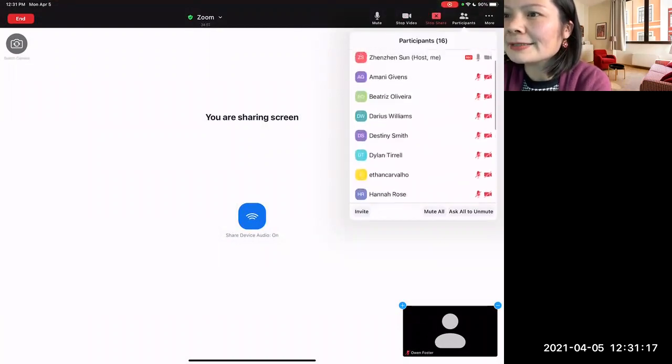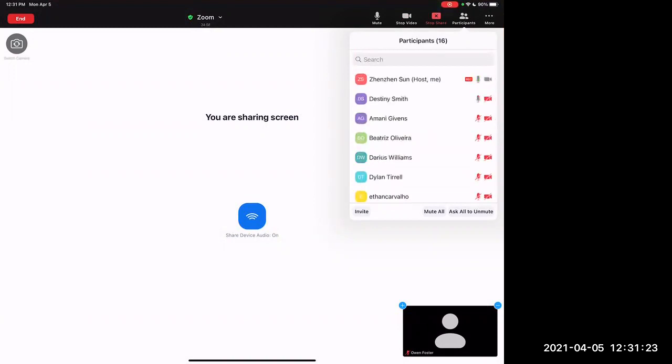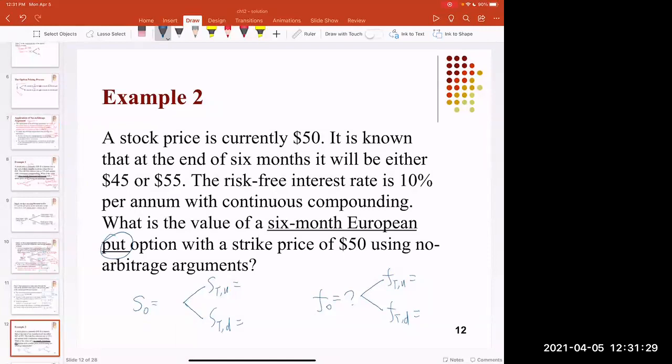Destiny, are you there? Yes, Professor, I'm here. Could you help me figure out the stock binomial tree? For example, what's the stock price today? Yes, give me a second. Take your time.